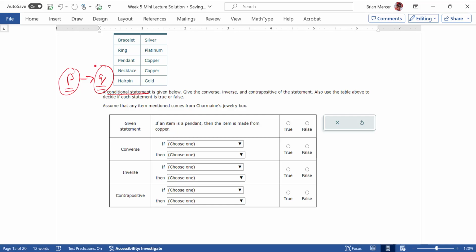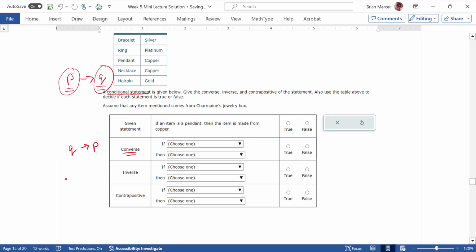Now, the converse of a conditional is just reversing the roles of that antecedent and the consequent. So in other words, the converse comes from writing Q implies P. The inverse comes from negating both of the original pieces.